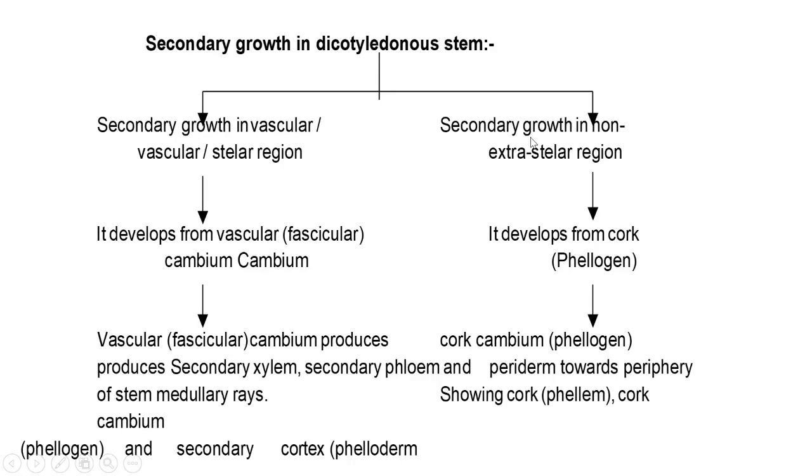And the cambium which is extrastellar, present in the cortical region, develops the phellogen. It becomes responsible for development of cork cambium, that is phellogen, and periderm, toward the periphery showing cork or phellem, and finally we call it the bark. That means secondary growth takes place at two regions in the plant body, that is intrastellar and extrastellar. Now this figure shows the two types of the secondary growth.